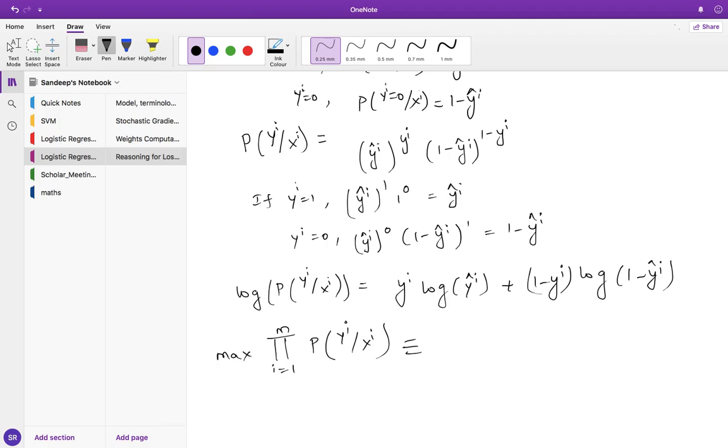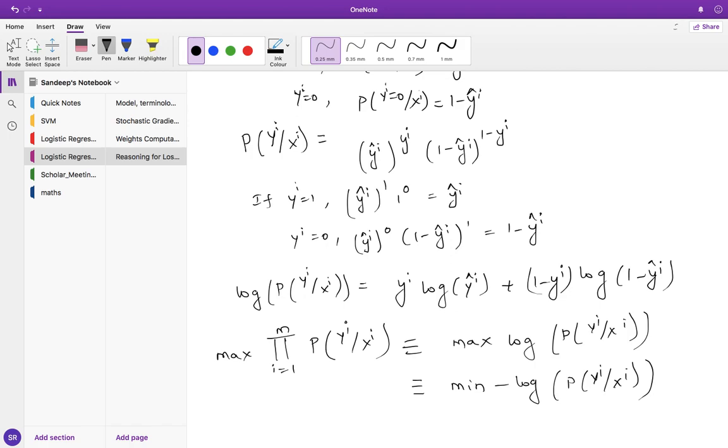So maximizing log of probability of yi given xi, both are the same. And this is once again equivalent to minimizing the negative log of probability of yi given xi.